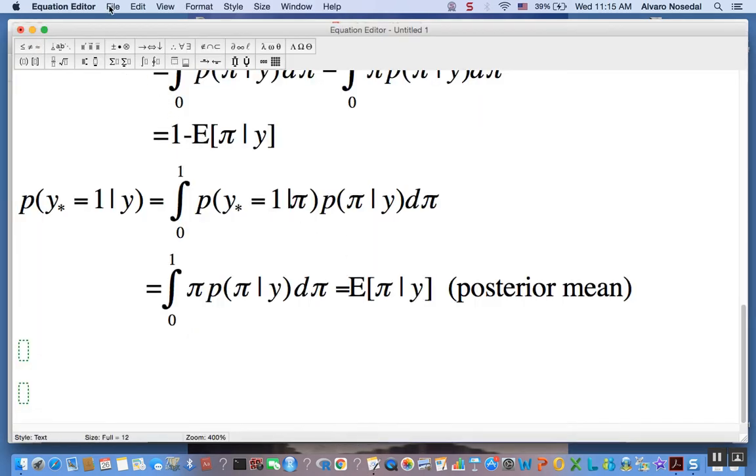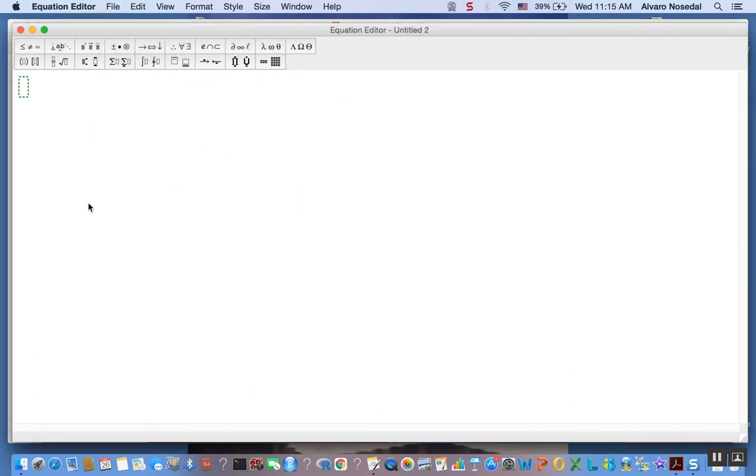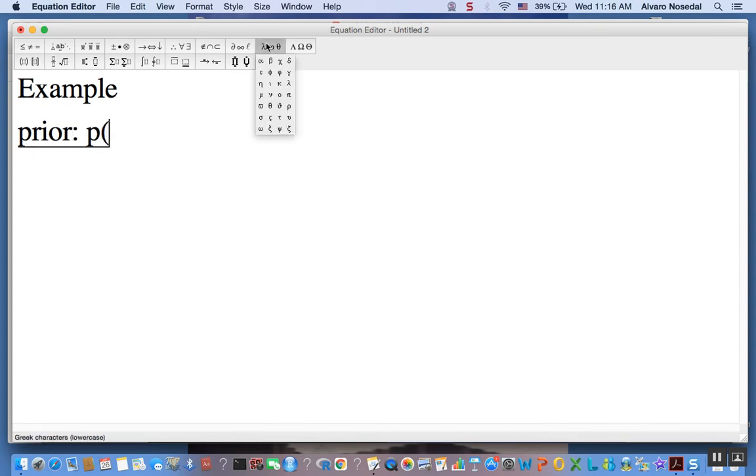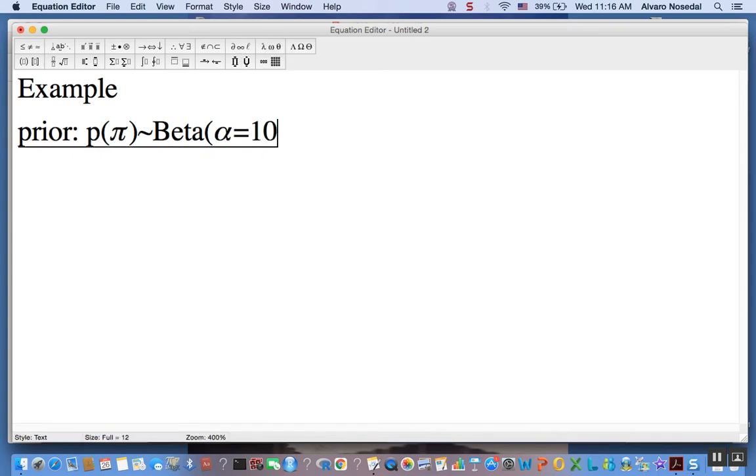What we had was this. We had a prior probability distribution that reflects our knowledge or ignorance about pi. In that case, what we said is, let's use a beta distribution with parameters alpha equal to 10 and beta equal to 40.